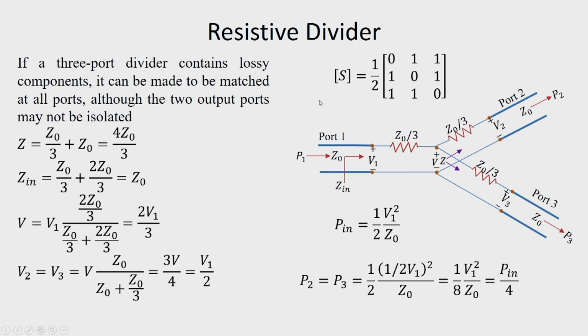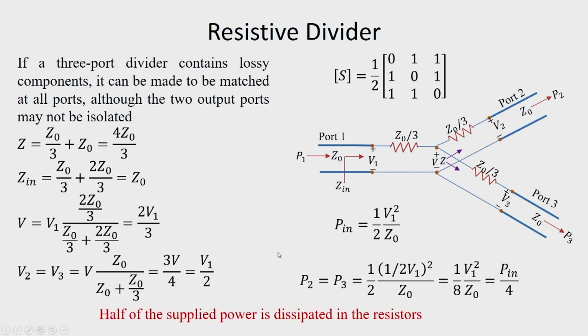So, we will have S31 is equal to half, and being a reciprocal circuit we will have S12 equal to S21, S13 is equal to S31. One can calculate that S23 and S32, these parameters also will be half.